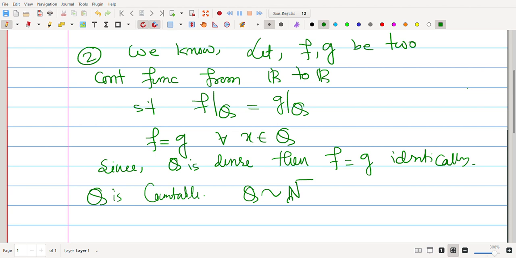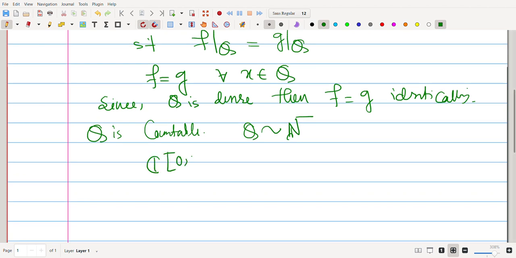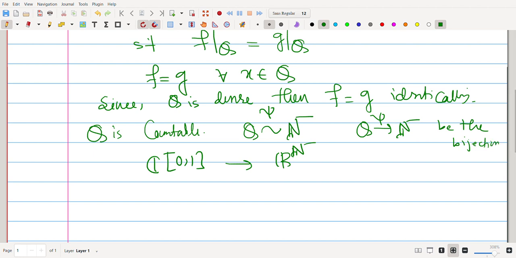Then I can define, say, psi to be the bijection from Q to N. Then take f and define f of psi inverse 1, comma, f of psi inverse 2, comma, and so on, as a sequence.